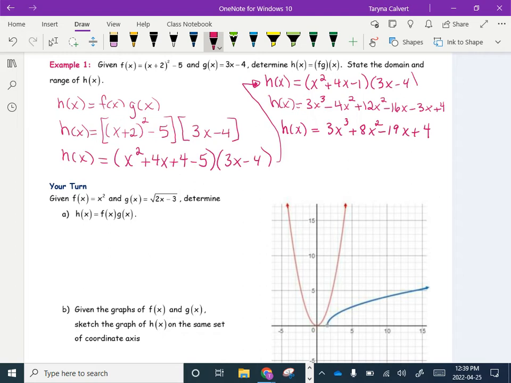Cubic. So do I need to touch my calculator to get domain and range? Can you guys all visualize a cubic? So what's the domain? What's the domain, guys? Right, x is an element of all reals. Do I have any restrictions? No, no restrictions for x, right? I can put any real numbers in.